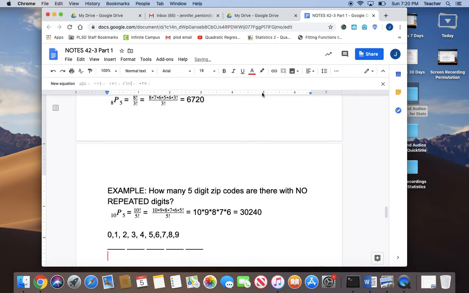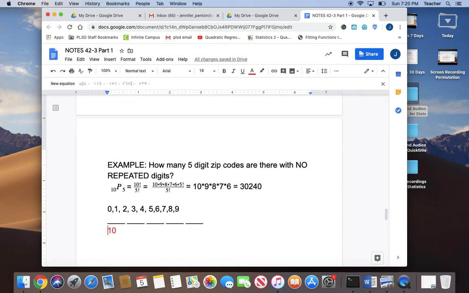So for the first one, I have 10 choices because there are 10 digits. Then for the second one, because none of the digits are repeated, I would only have 9 choices. And for the third digit, I would only have 8. And then 7 for the fourth and 6 for the fifth, which is the exact same thing that I got using the formula. 10 times 9 times 8 times 7 times 6.